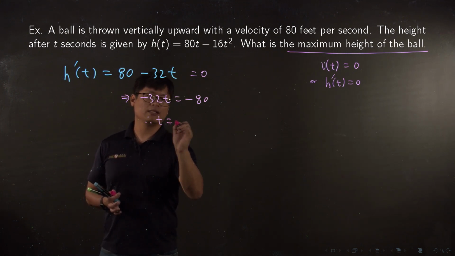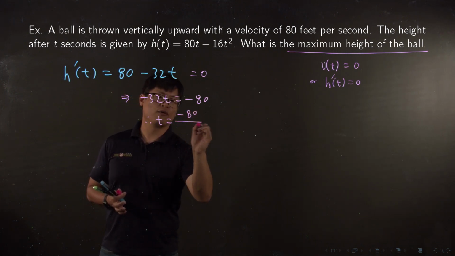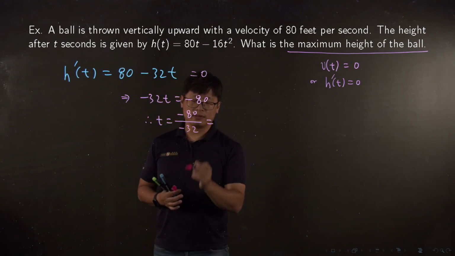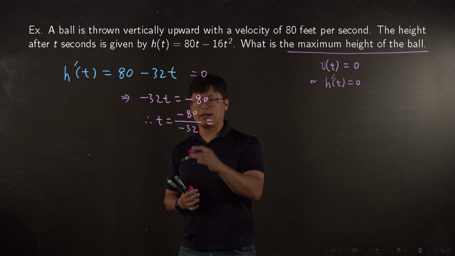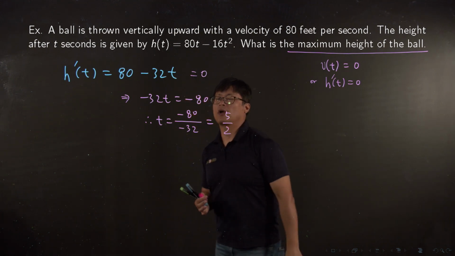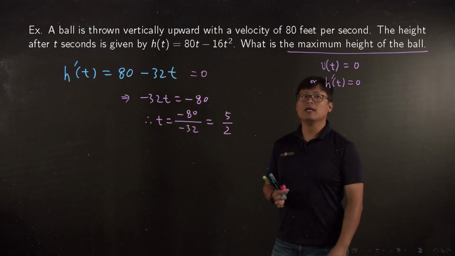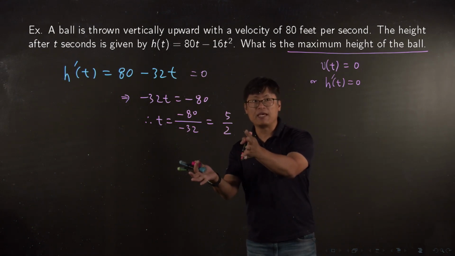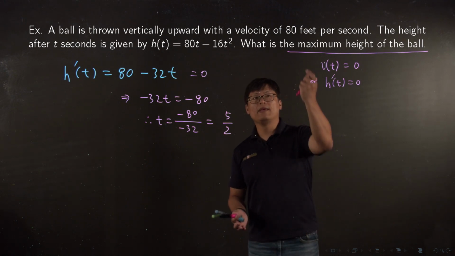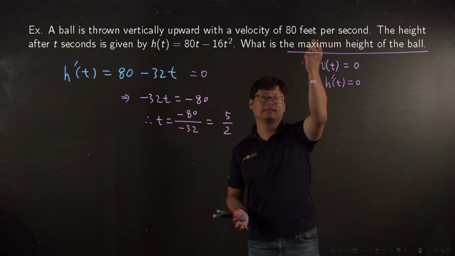Then your t is negative 80 over negative 32, which is 80 over 32. Then if you divide by 16 top and bottom, it is 5 over 2, or 2.5 seconds, okay? So this means after 2.5 seconds, your ball will be at the maximum height, okay?